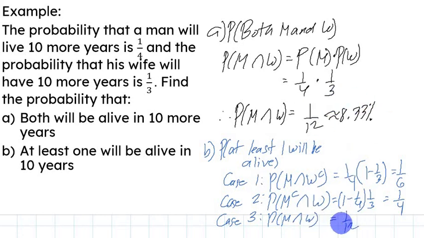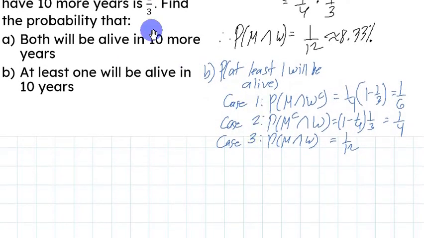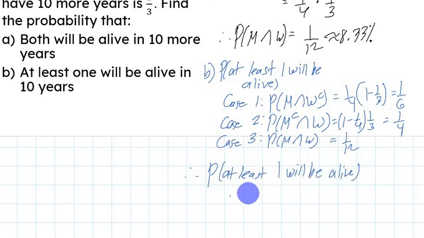And as we know, if we have different cases, we add them together via the addition rule or the addition principle in the fundamental principle of counting. So therefore, adding all of them, the probability that at least one will be alive would be equal to 1/6 plus 1/4 plus 1/12.